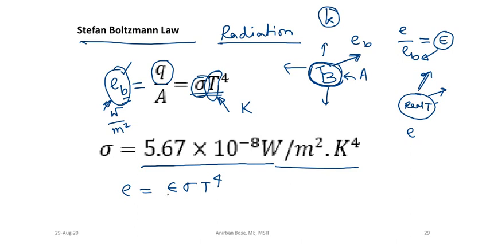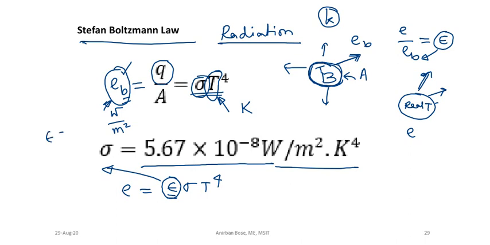Where epsilon, remember, is a surface property of the substance. So this depends on the surface of the material, because if you consider a very polished surface, like polished aluminum or polished steel, in that case the values of epsilon are very small.